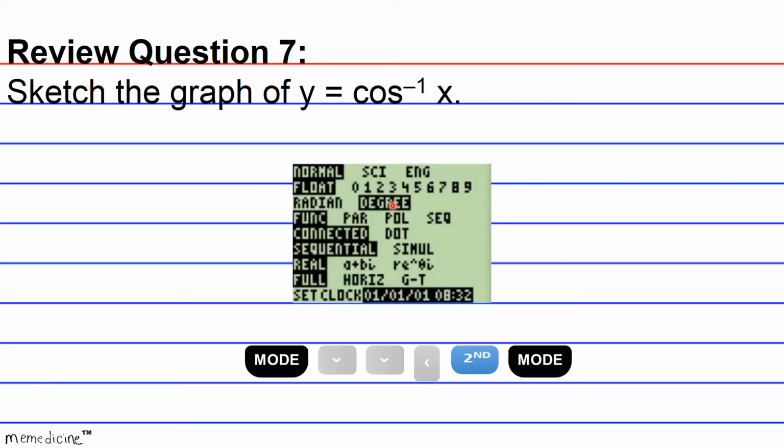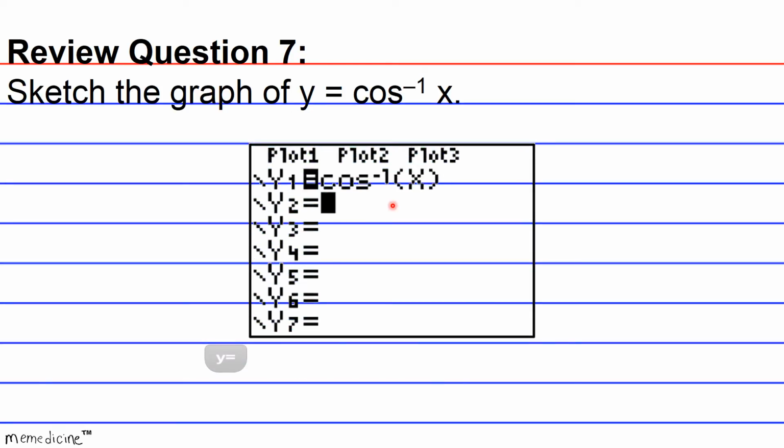Now we're going to input the inverse cosine of x. You do that by pressing y equals, and this screen will pop up. Now you have to populate line 1 with a function. Press second cosine, and these are the keys that pull up the inverse cosine function, which comes preloaded with an open parenthesis.